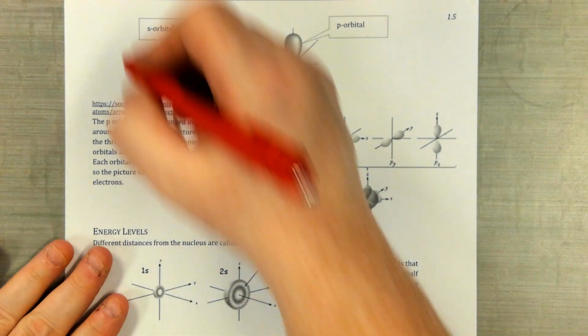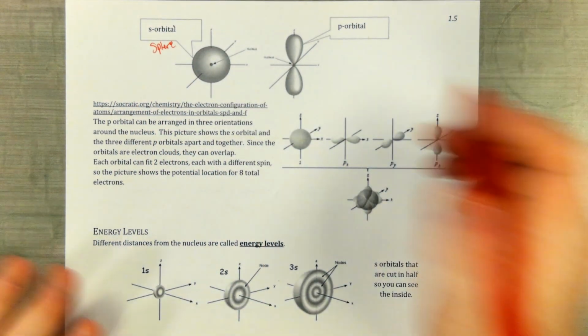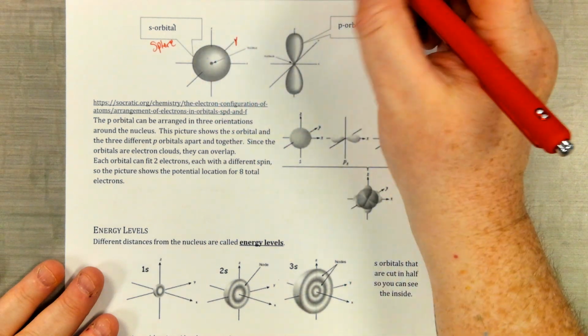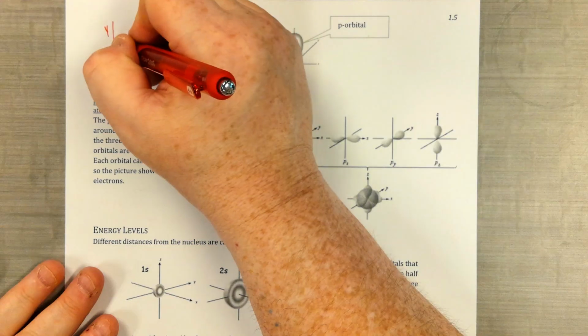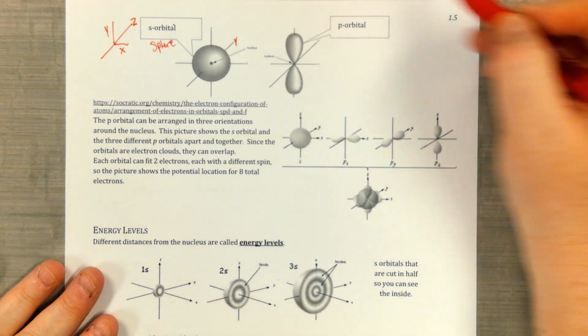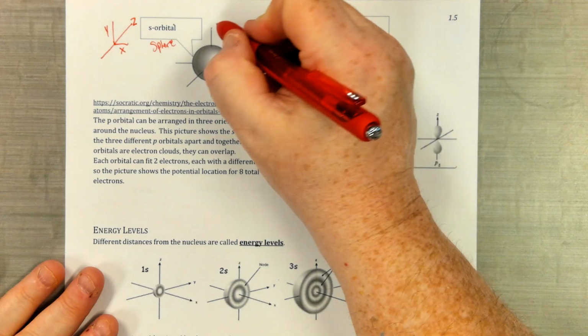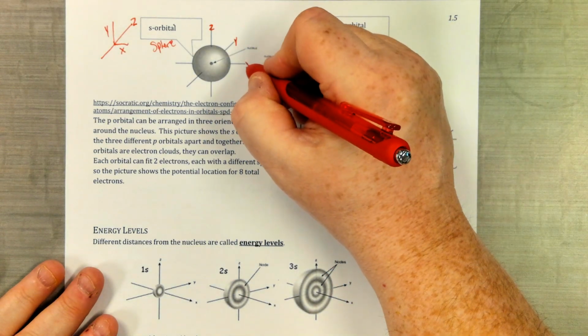So the S orbital is like a sphere. And if you think of math, you've got your y-axis that normally goes up and down. We normally have y and then x, but we're also dealing with z here. So this is your z, and this is going to be the x.